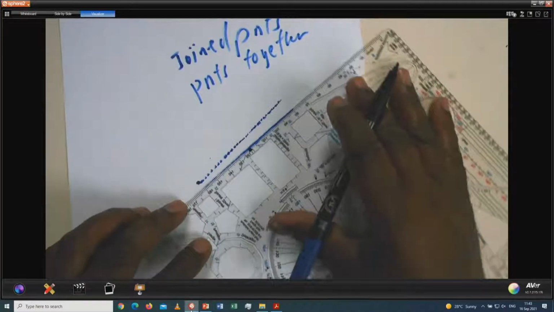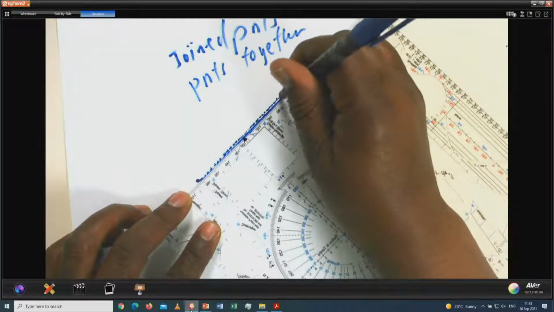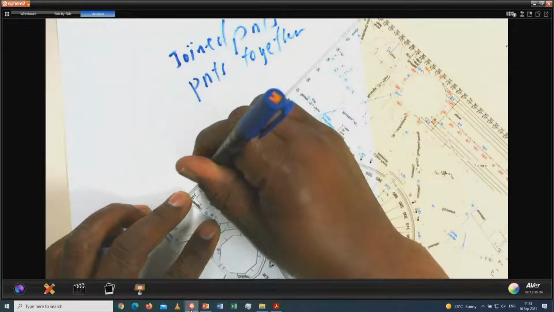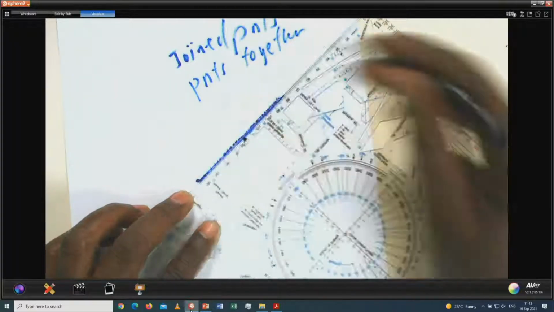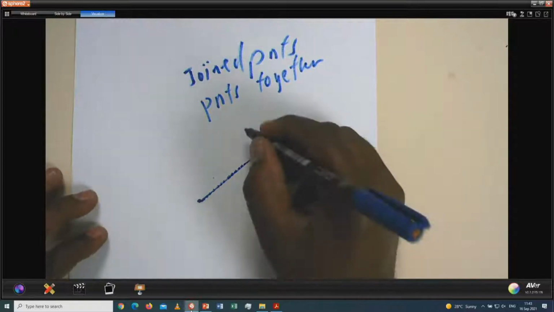Ultimately, if we do it quickly, it's still the same thing. You are joining points. Hey, yeah, this seems familiar to you. And what do you normally call this? A line.